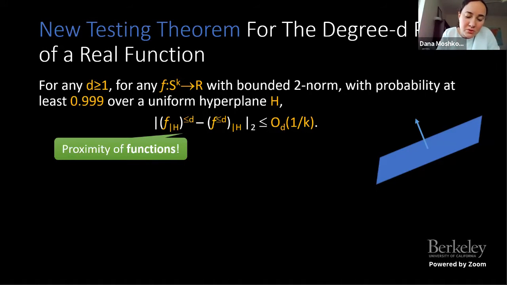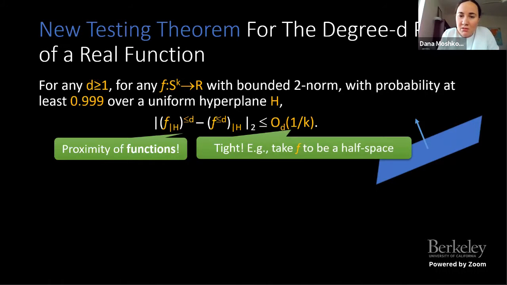So two different polynomials are different almost everywhere, and this is what drives those very strong proximity results. This is not true for real functions. Low degree real functions are not an error-correcting code. So it's quite surprising maybe that you can get such a strong proximity between functions. So that's the first point to make.